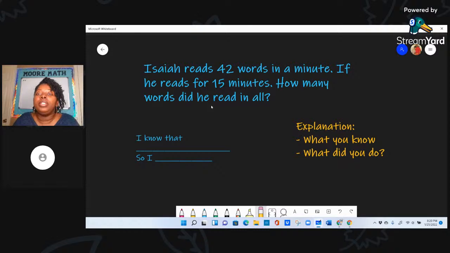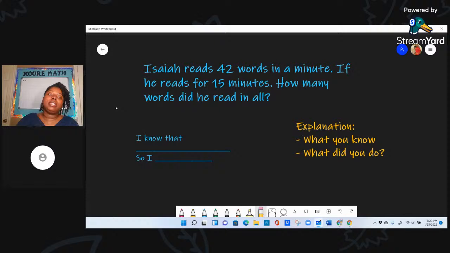Well, wait. What do you know? The word problem doesn't tell you to subtract, right? In the word problem, it doesn't say 42 minus 15. Just tell us what the word problem said. The first thing the word problem said. I know that what? I know that I have to subtract.